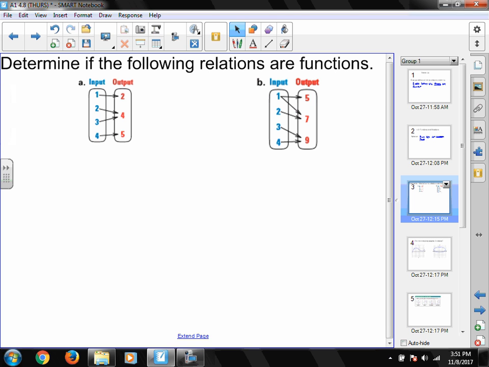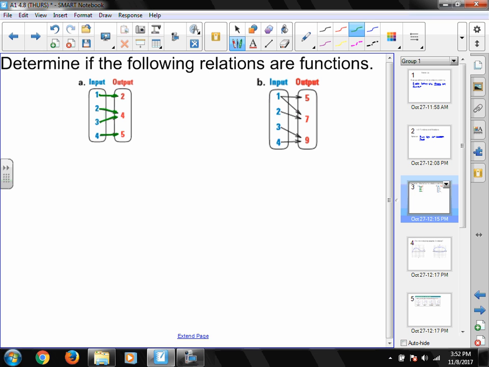So in A, I look at my inputs. This is called a mapping, if you remember. Each input goes to an output: 1 goes to 2, 2 goes to 4, 3 goes to 4, 4 goes to 5. So this is okay.